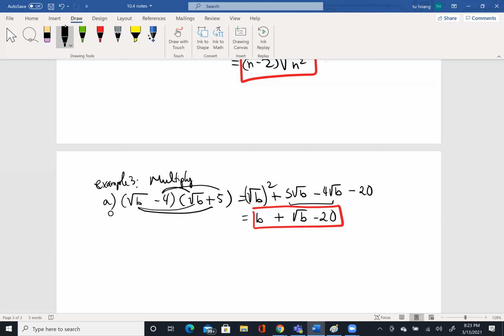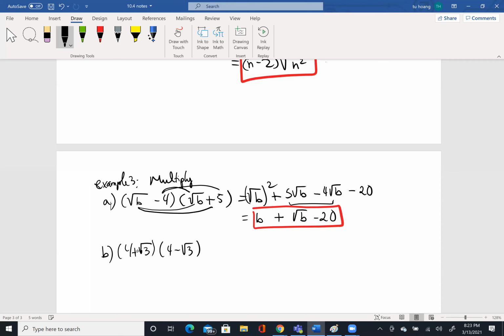Let's move to problem B. Let's say 4 plus square root of 3 times 4 minus square root of 3, right?